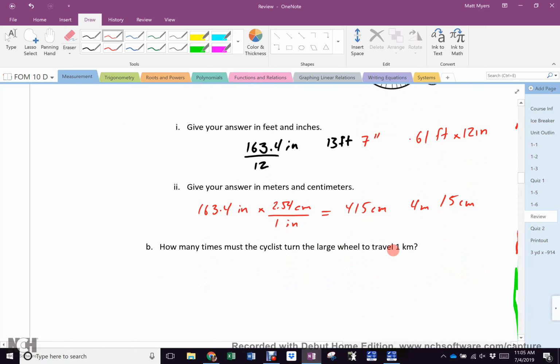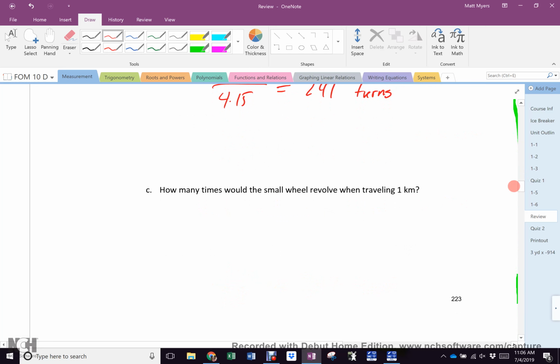How many times do I have to go to travel a kilometer? How many meters in a kilometer? 1,000. And I go 4.15 meters every turn. So 1,000 divided by 4.15. And I get 241 turns.